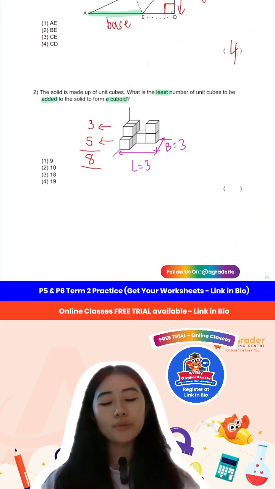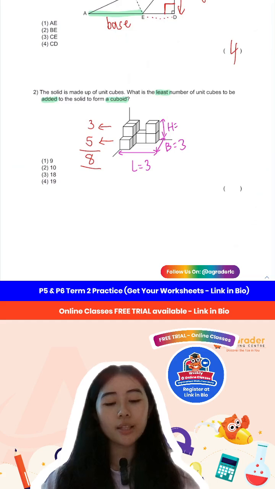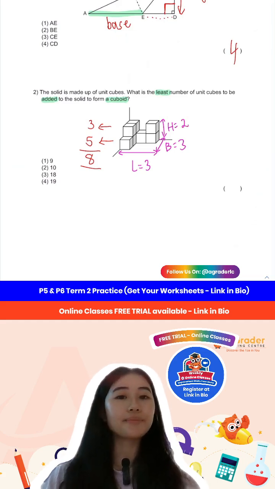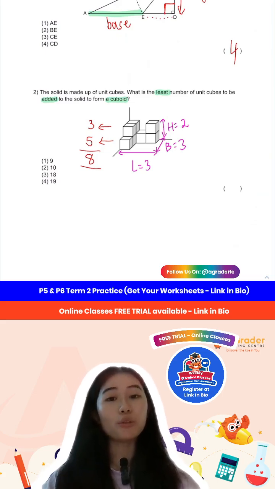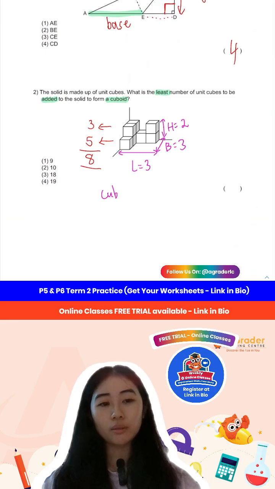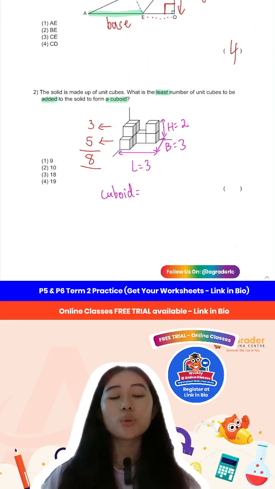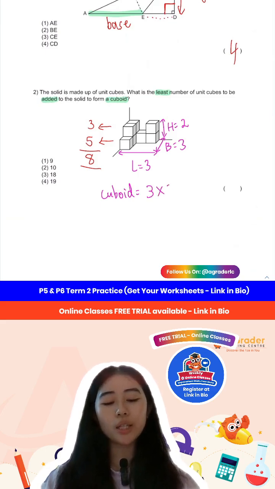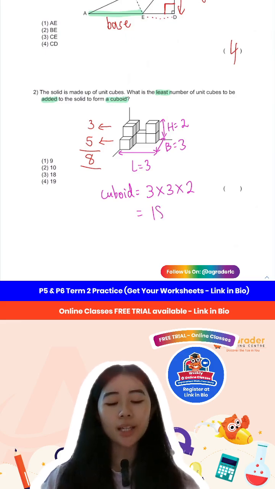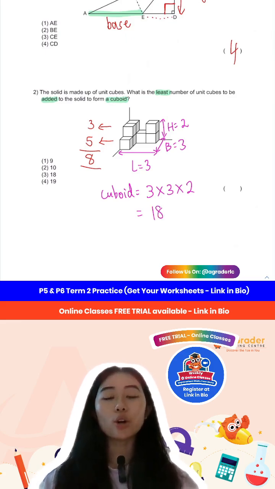Then lastly for the height, it's 2 cubes. So given the length, the breadth, and the height, you can find the volume of the cuboid. We use the formula length times breadth times height. So that will be 3 times 3 times 2, which is 18. So this means that your cuboid is made up of 18 cubes.